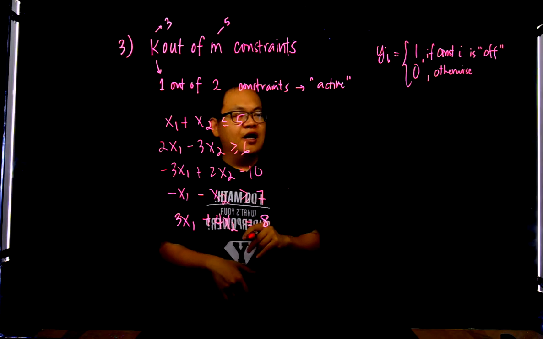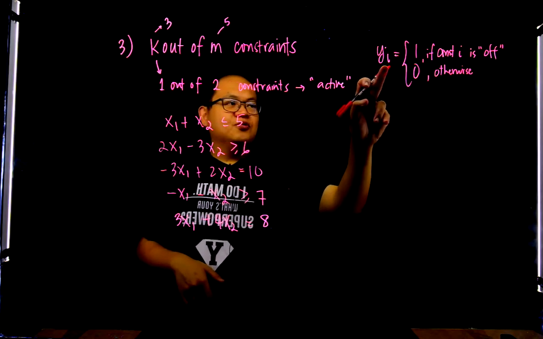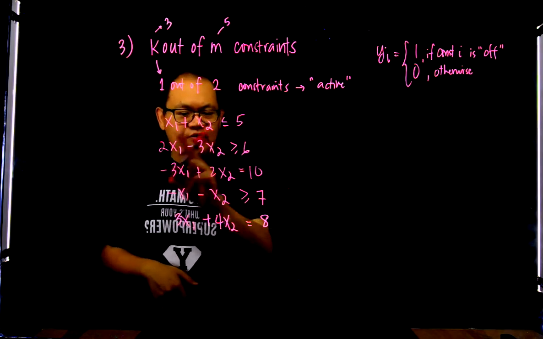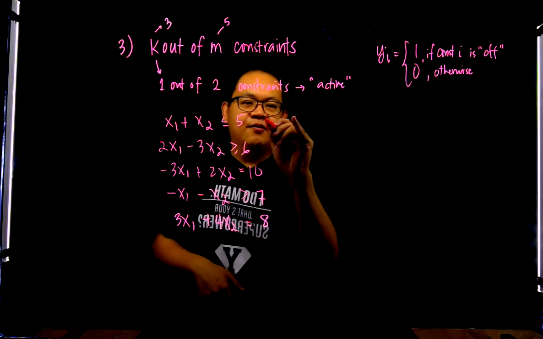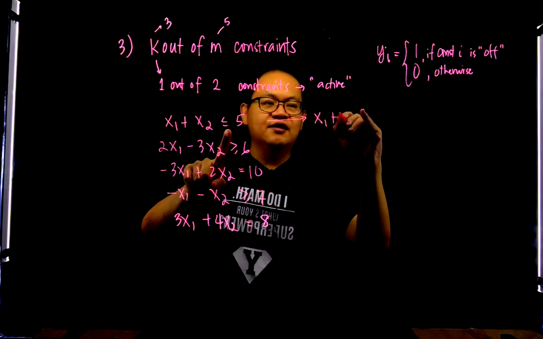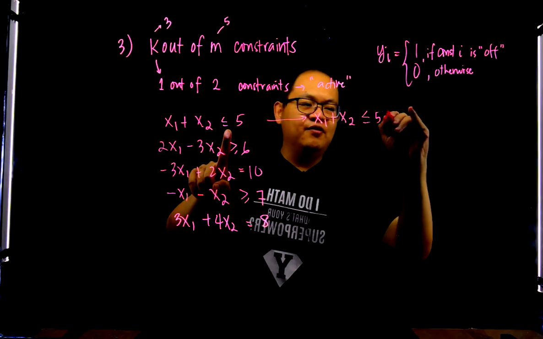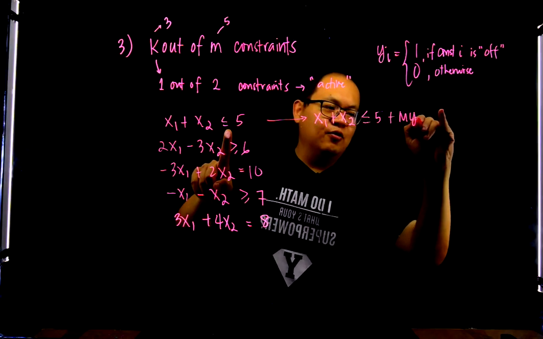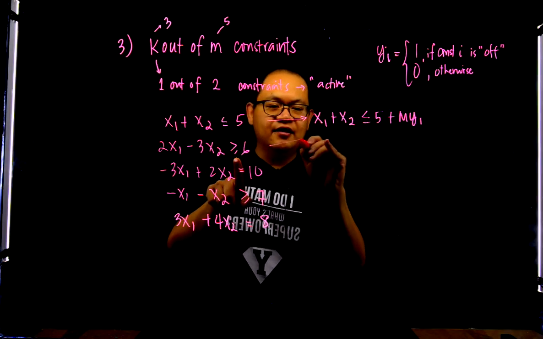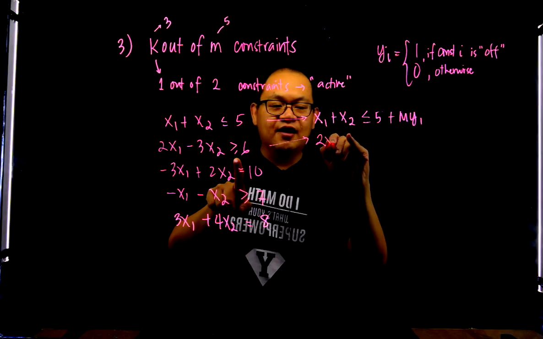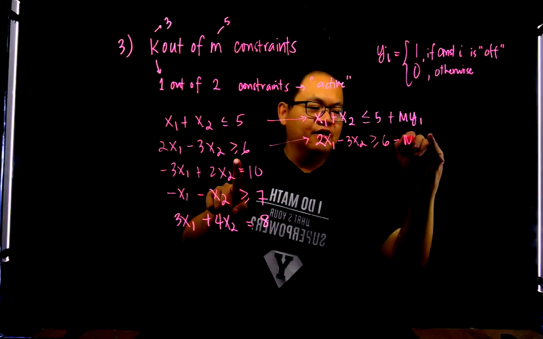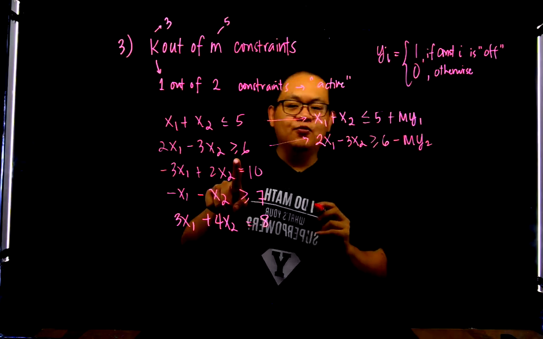Now, if we were to use y sub I here, then how do we turn on and off our 5 constraints? Remember, if you have a less than or equal to constraint, all you have to do is add a very big number. So I will multiply that with y1. For a greater than or equal to constraint, we will subtract a very big number, and we will multiply it with y2.